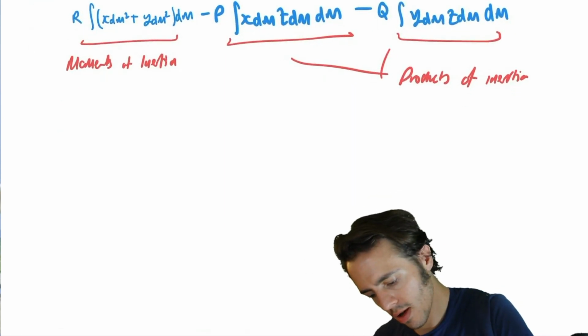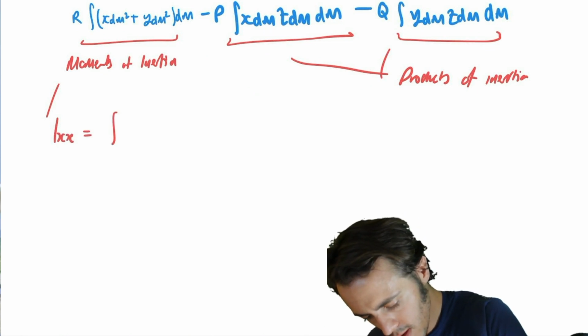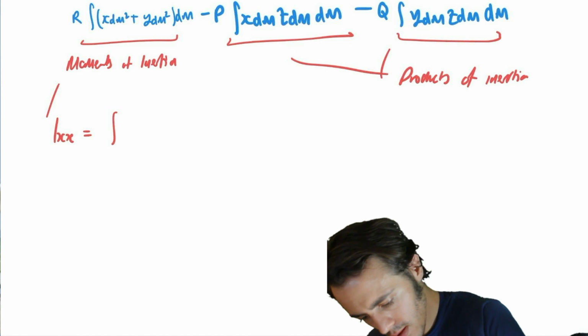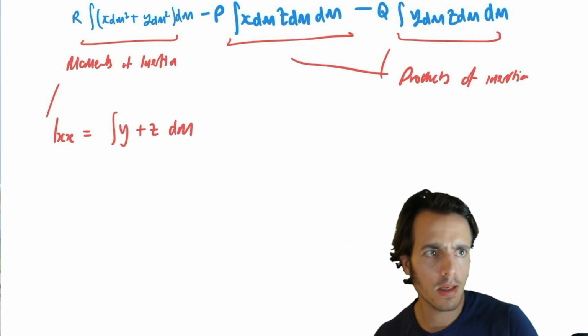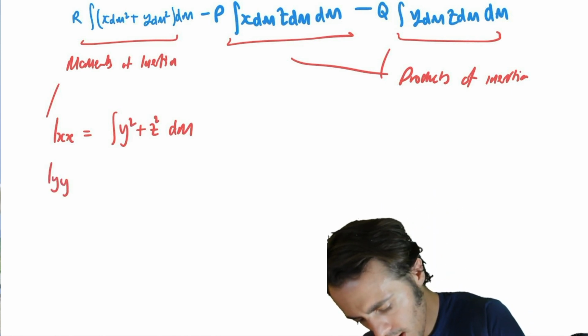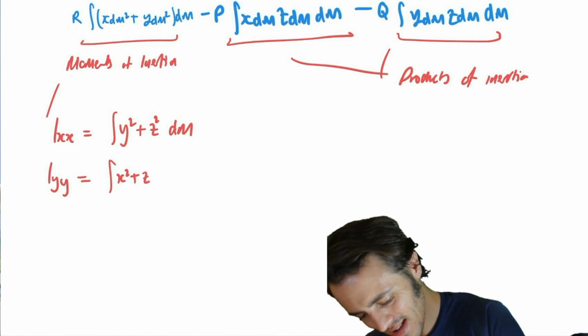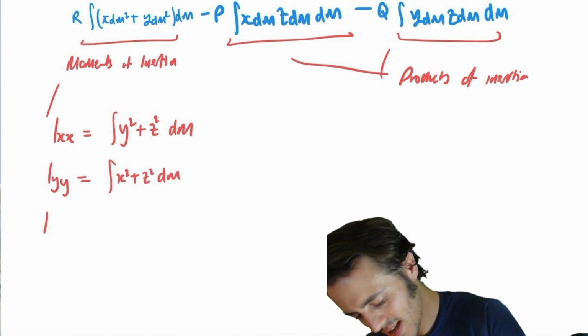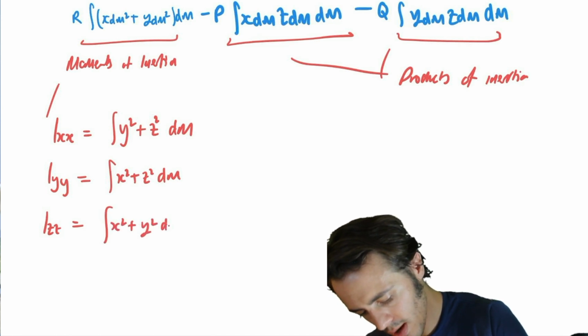Our moments of inertia. So Ixx is equal to the integral of y squared plus z squared dm. Iyy is equal to the integral of x squared plus z squared dm, and Izz is equal to the integral of x squared plus y squared dm.